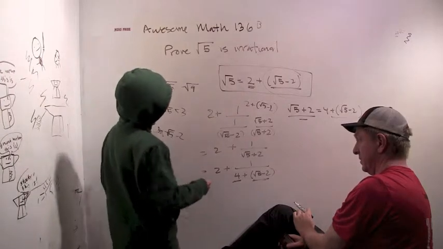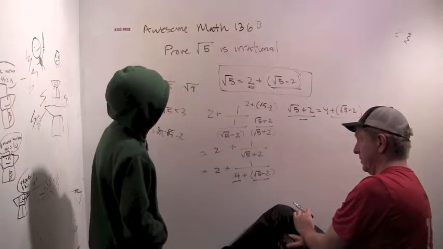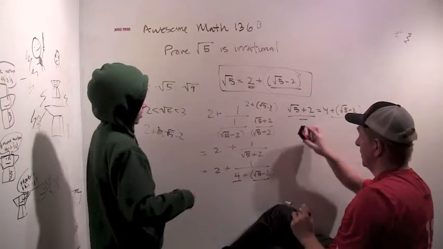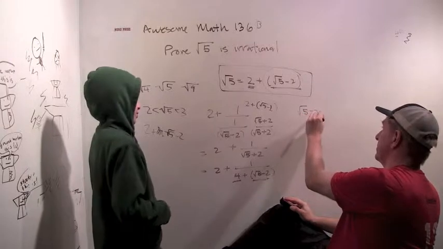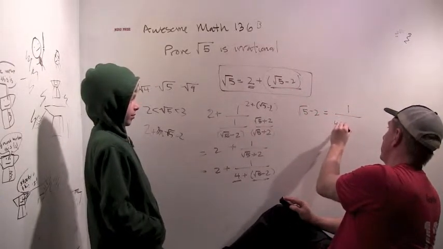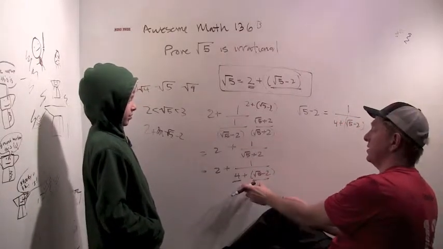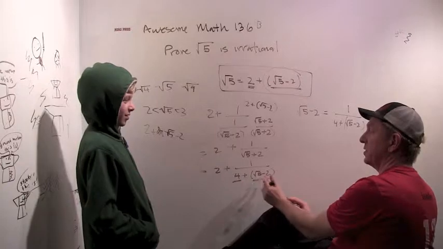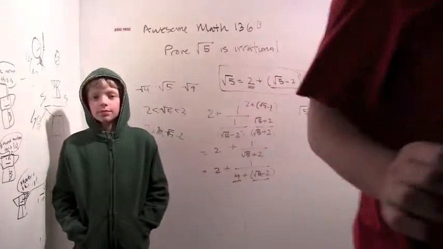Well, we did it before, and we got the square root of 5 minus 2 up here equals 1 over 4 plus the square root of 5 minus 2. That's what we got down here. Okay, so what happens, well actually, let's go to the next movie.